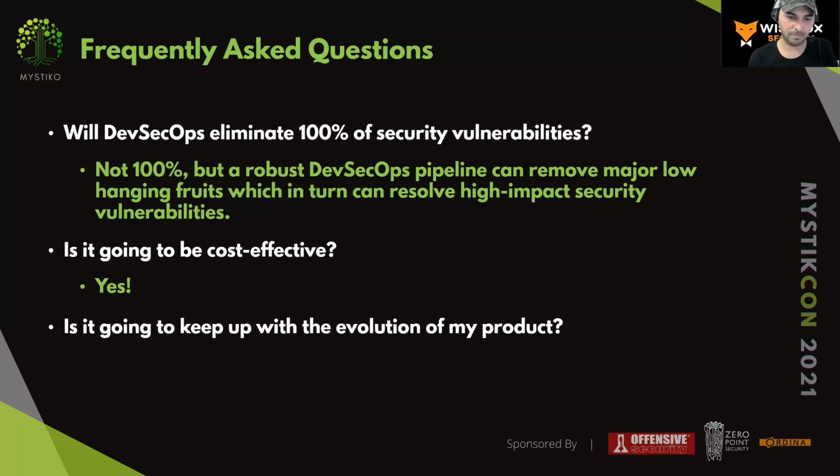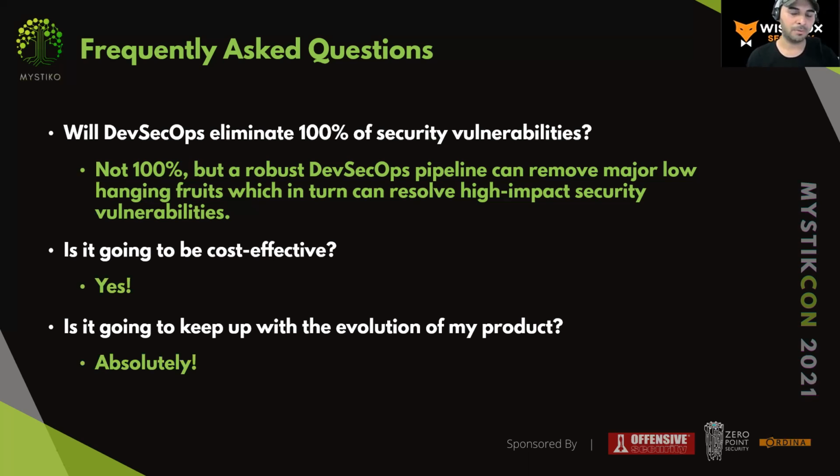The next question that gets asked is, is it going to keep up with the evolution of my product? Well, yes, if you're still sticking to agile development and the way you're releasing your products. Most of the open source tooling that's available gets updated at regular intervals.